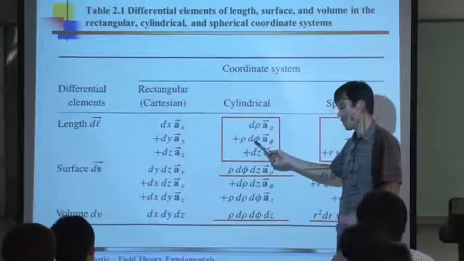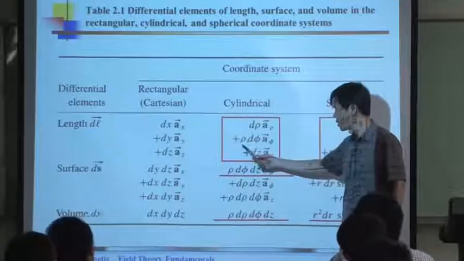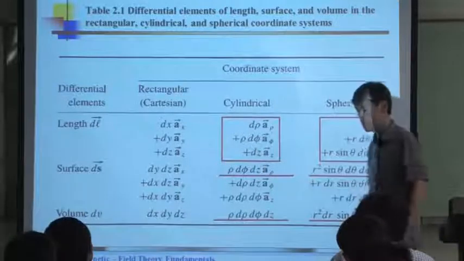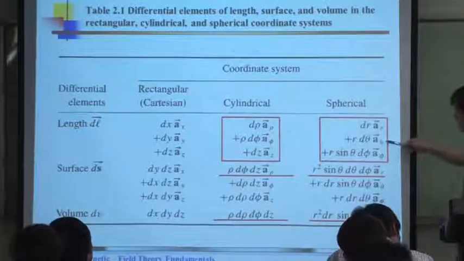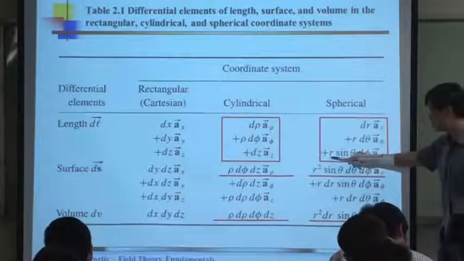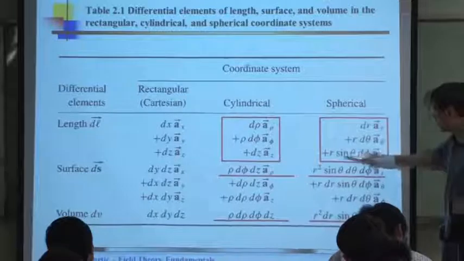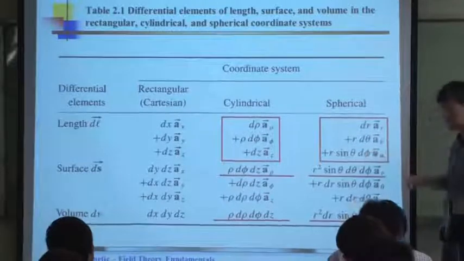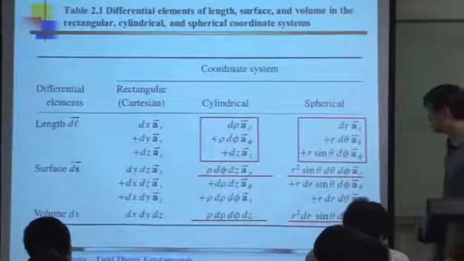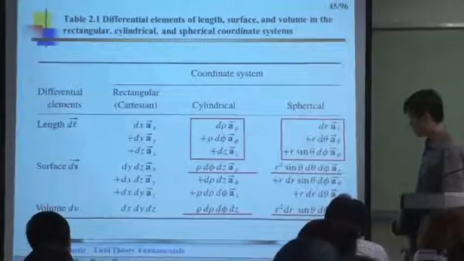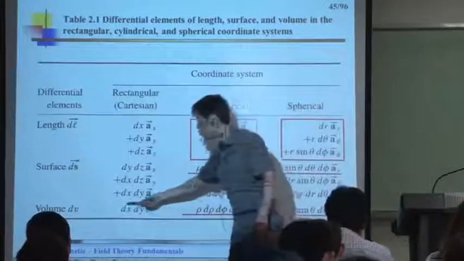So not just multiplying the angle, the radius should be multiplied together, and also spherical coordinates. It is more complicated. So the radius and the angle, and also the sine theta should be multiplied. So you should remember this factor, and also you need to remember this part. You don't need to remember this.